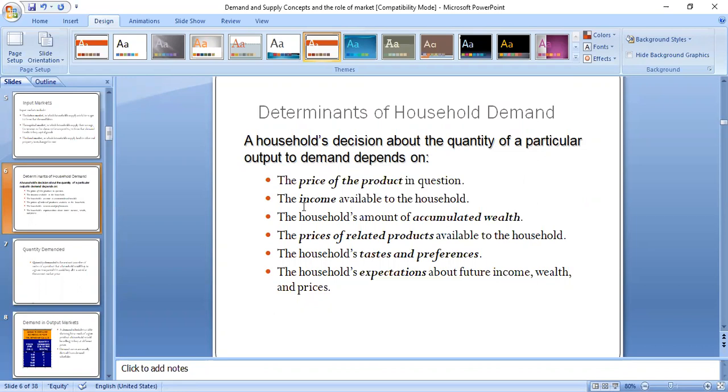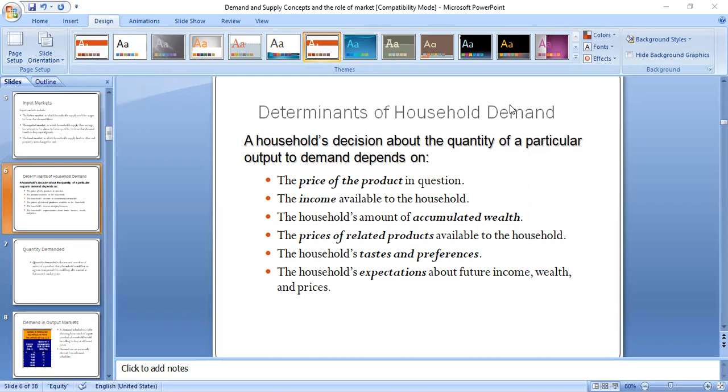Substitutes are goods that do the same function. For example, Omo and Ariel are all detergents, used for washing, for cleansing or cleaning, right? So that means they are substitutes. Then we also look at other related goods, for example complements.